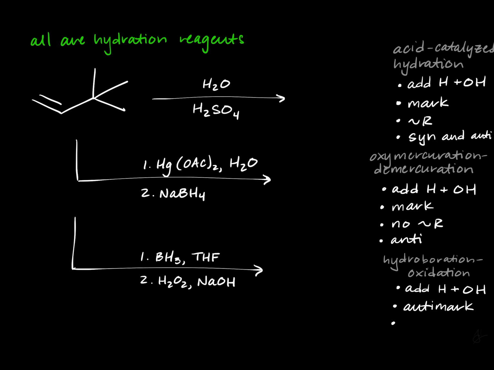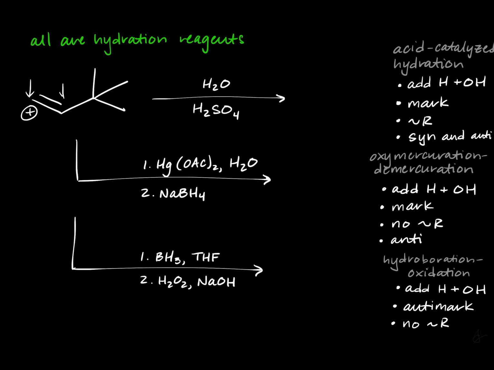I think this is a little bit intuitive, but just to write it down explicitly, because it's an anti-Markovnikov reaction, it's not going to do rearrangement. If, for example, I added a positive charge, this reaction doesn't go through a positive charge at all, but this is just a thought experiment. If I did an anti-Markovnikov reaction, but I had rearrangement, that means I'd add my positive charge here.